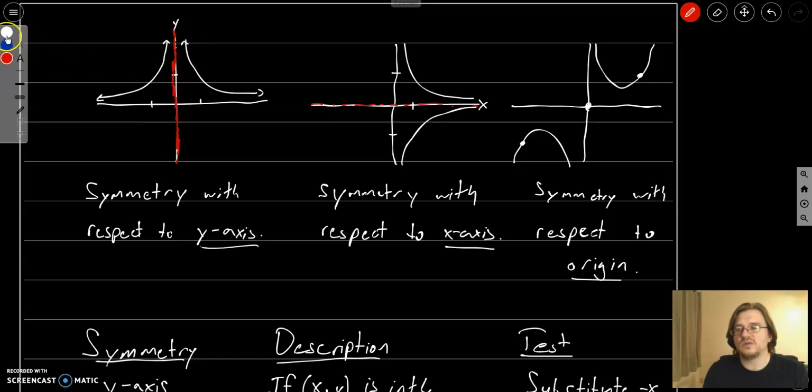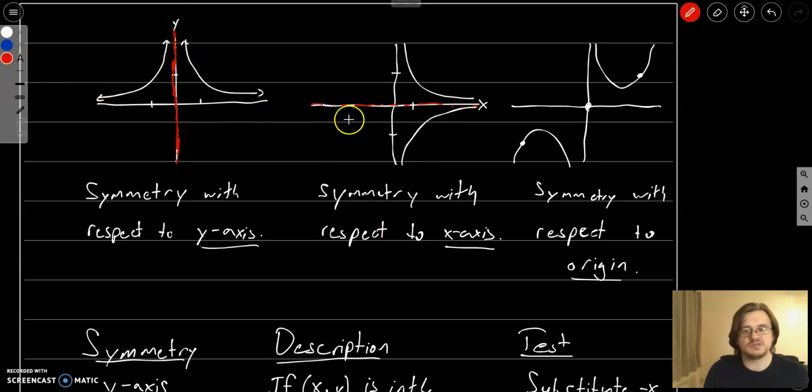And when we write symmetry with respect to the y-axis, what we mean is if you were to flip the graph over, flipping it over the y-axis, we will get the same graph. So again, we can see that this over here matches this on the left-hand side after we flip over the y-axis.